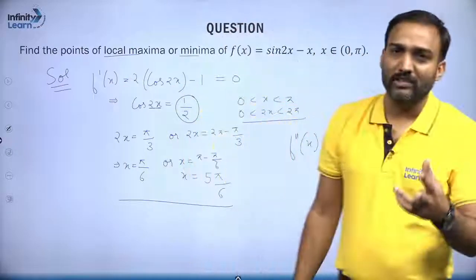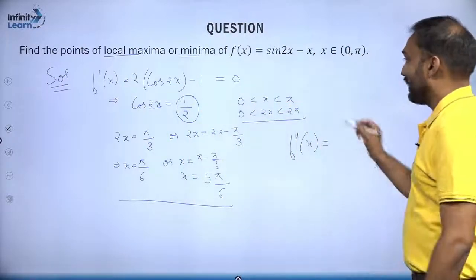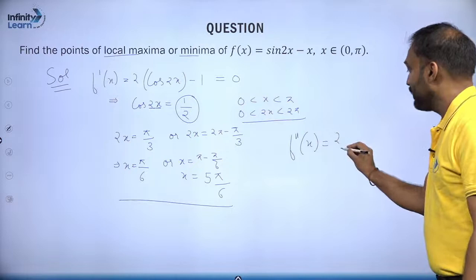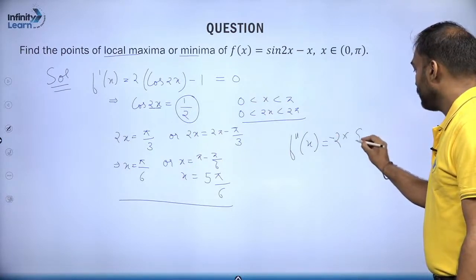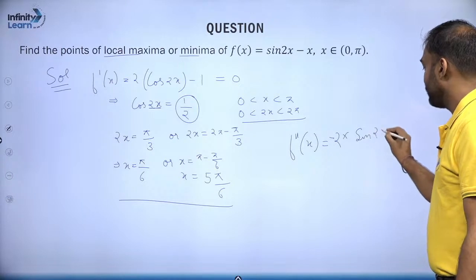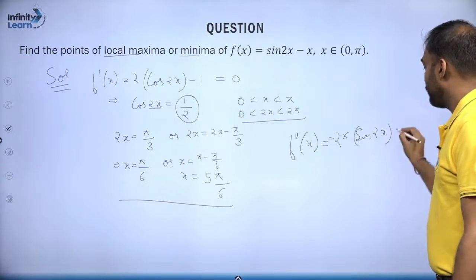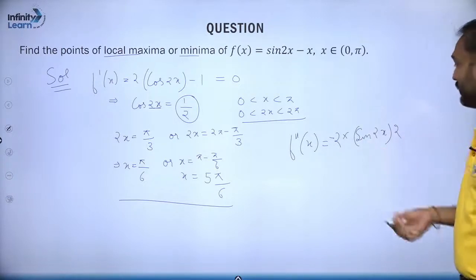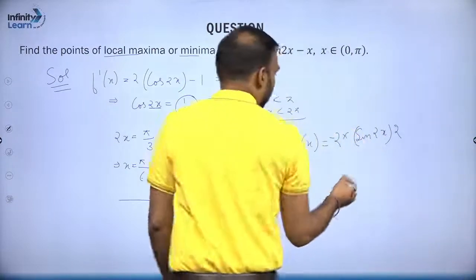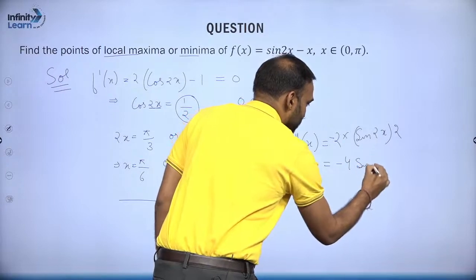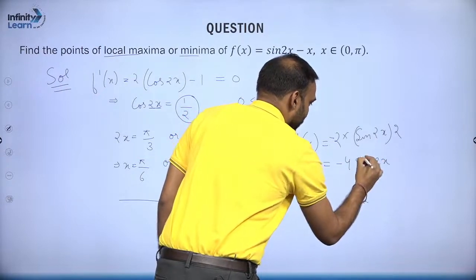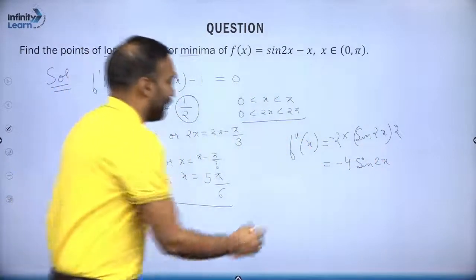Now derivative of cos x is minus sin x. So I can say derivative would be 2 cos of something is minus sine of something into derivative of 2x is 2 minus 1 is 0. So I can write f double dash x would be nothing but minus 4 sine 2x. This is your f double dash x.